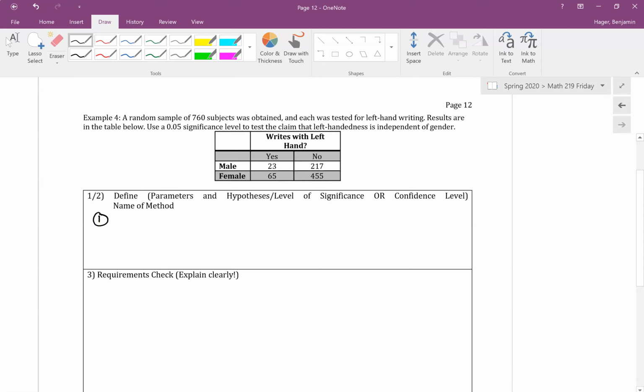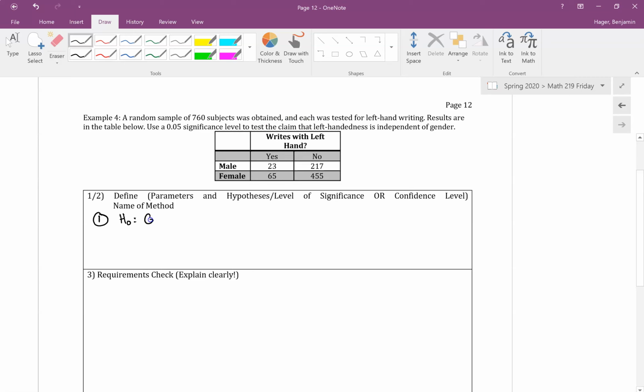What are the hypotheses? All right, so the null hypothesis would be, remember, the null is always assumed that there is no relationship between the gender and whether or not you write with your left hand. The status quo is that there is no link, which means they're independent.